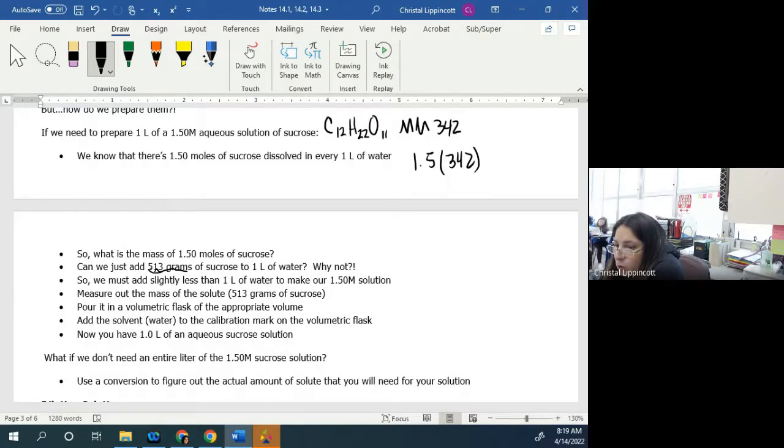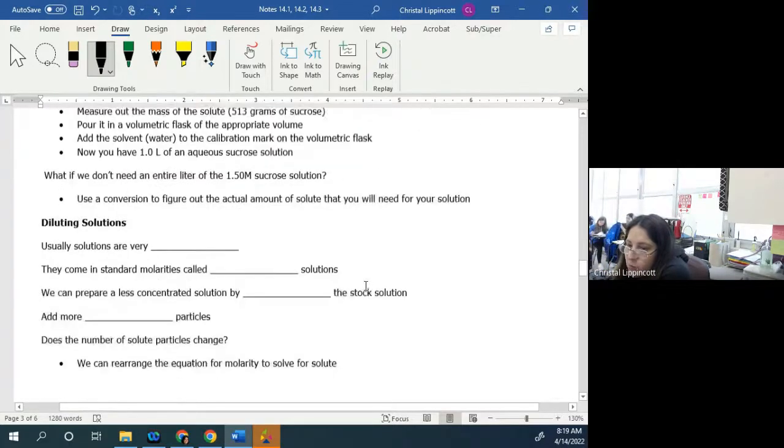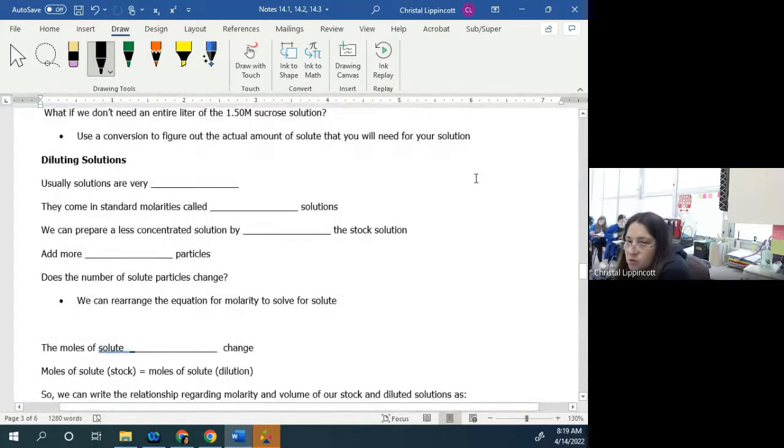If you added a whole liter in there, it would actually be less concentrated. It would be more dilute, is what they call that. So you have concentrated and dilute, those are the two extremes. You pour that into the volumetric flask, add your water to that calibration mark, and now you've got 1 liter of that solution, and it should be 1.5 molar sucrose.